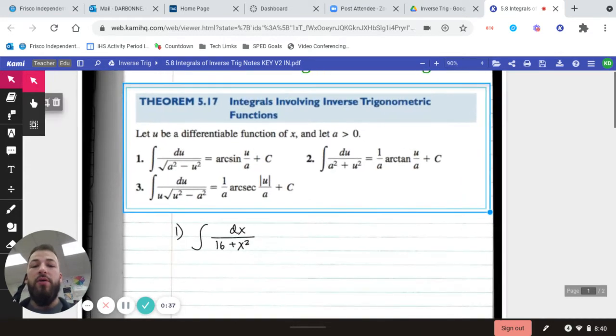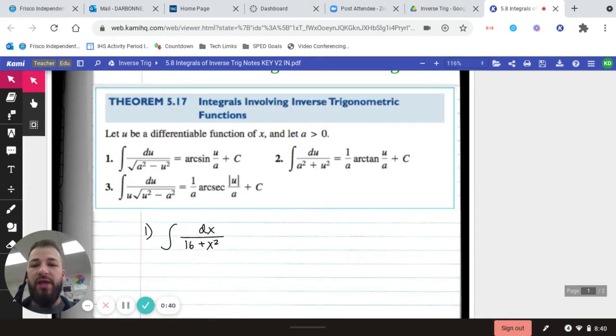Okay, so up there at the top, you'll see the 3 that we're going to talk about: arcsine, arctan, and arcsecant. And you should see the integrals that we're looking for are essentially those derivative rules. Arcsine was the square root. Arcsecant was the square root with the extra multiply by u. And then tangent was just the very basic 1 over 1 plus x squared usually.